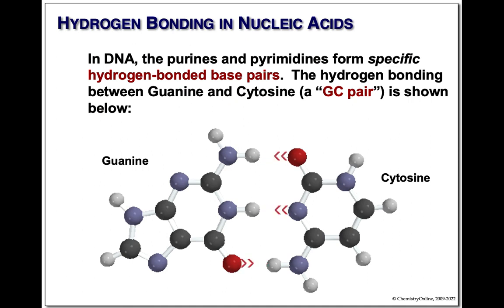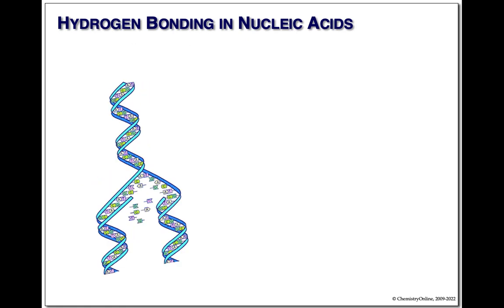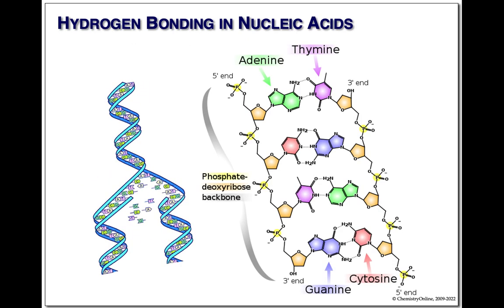The bases here recognize each other by forming these hydrogen bonds. If we take the long chain and we put it together, you see we have purine, pyrimidine. These all form hydrogen bonds and stabilize this alpha helix.